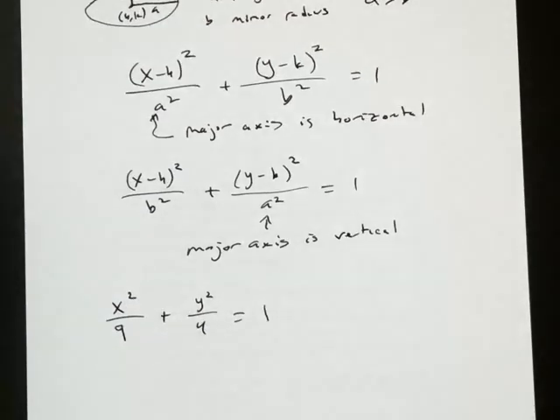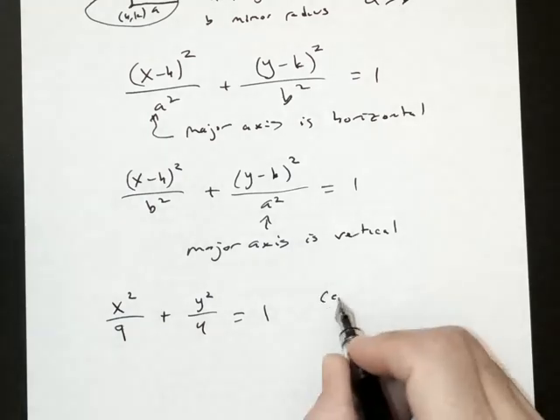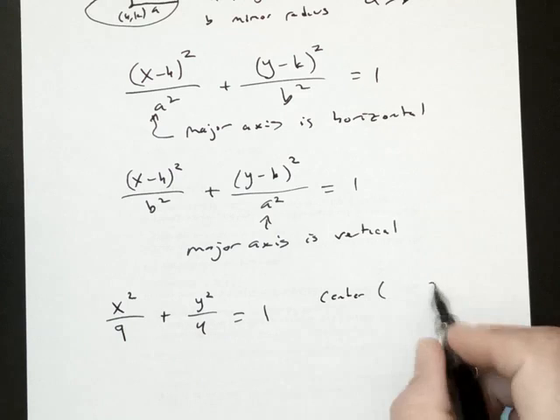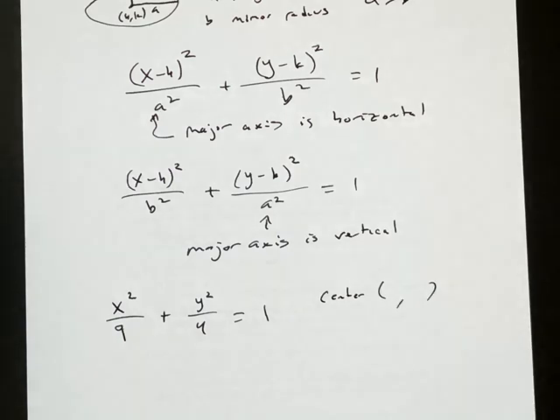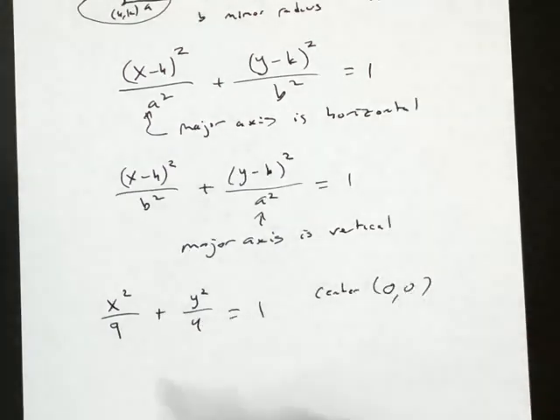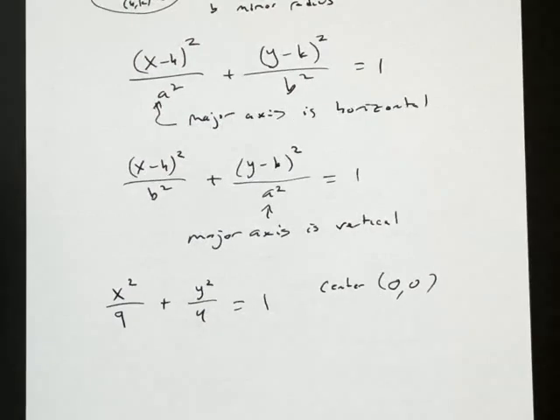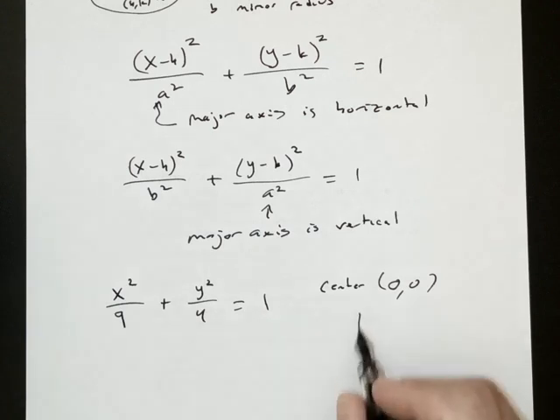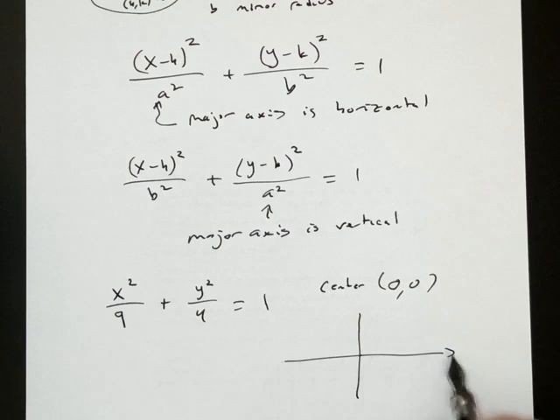I just now made this equation up out of whole cloth. Where is the center of that ellipse? It is at 0, 0. I'm not subtracting anything from x or y. So h and k are both 0. To figure out where this ellipse lives, we find the intercepts.